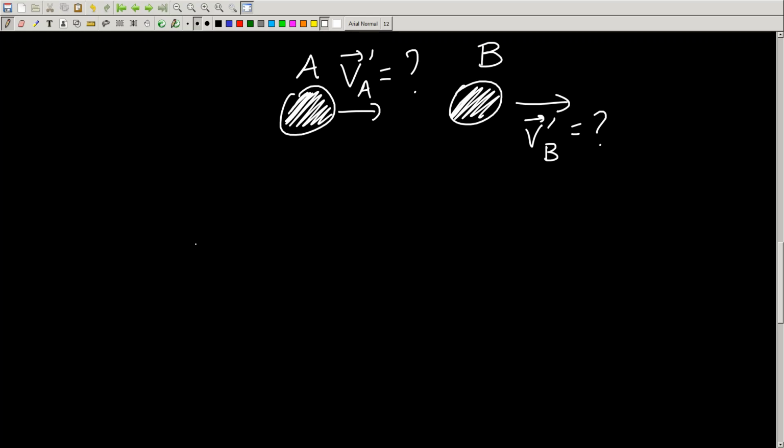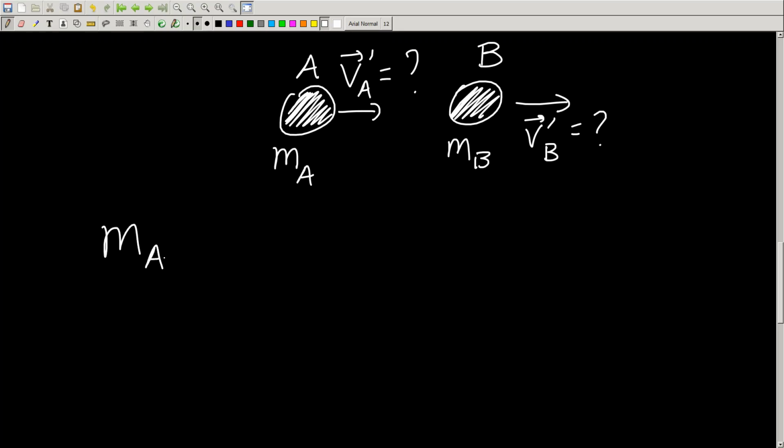So what this is telling us, and by the way, ball A has mass A and ball B has mass B. Conservation of momentum, what that means is that the total momentum before equals the total momentum after.